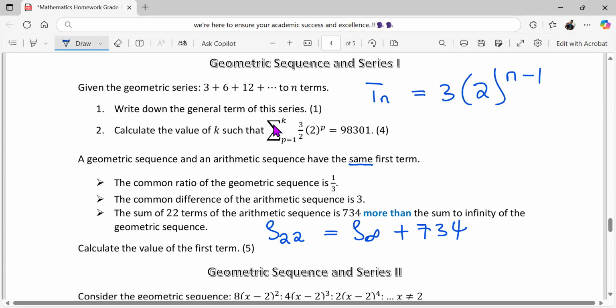So knowing what we know, we need to calculate the value of the first term. And we know that it's possible to find the sum to infinity of this geometric sequence because the constant ratio is less than 1, but greater than -1. It's 0.333 recurring. So it's not a problem.